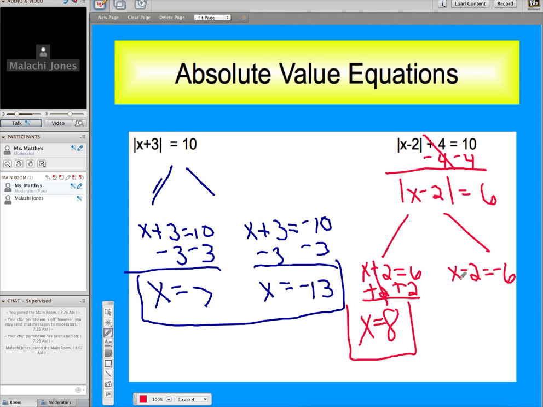And how about the second equation? Add 2 to both sides, and then x equals -4. Very good. Awesome. Do you feel comfortable with those, Malachi? Yes. Good. You did great.